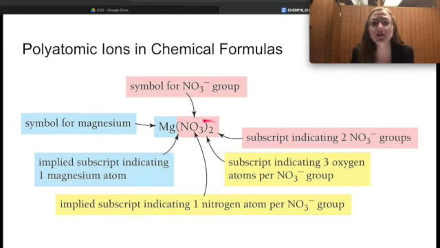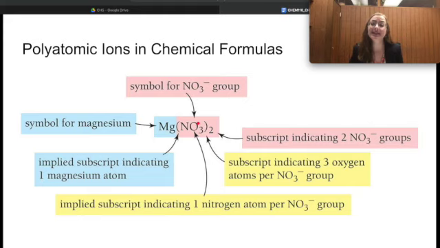However, I have something interesting happening here with the parentheses around my polyatomic ion, okay? So I see that in here, I have that NO3 ion. Nitrogen does not have a subscript, so therefore we assume that it is 1. So I've got one nitrogen atom, and then here I've got the chemical symbol O for oxygen with a subscript of 3. So therefore, I must have 3 oxygen atoms.